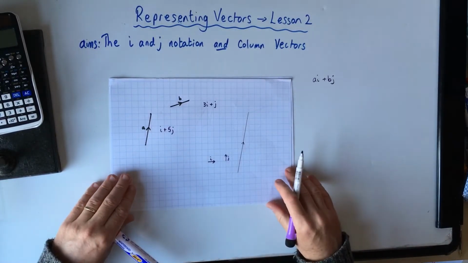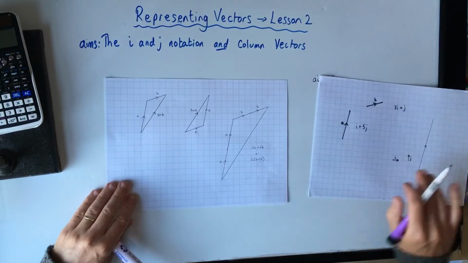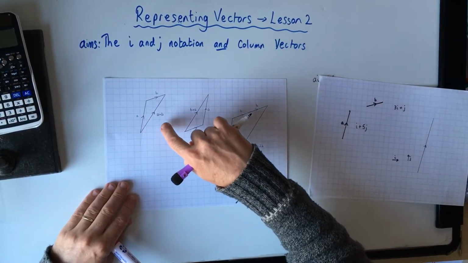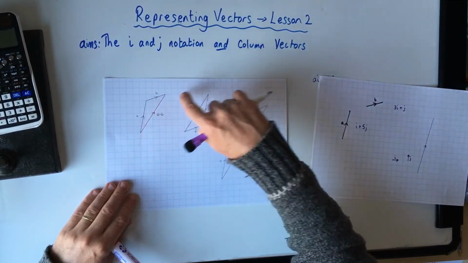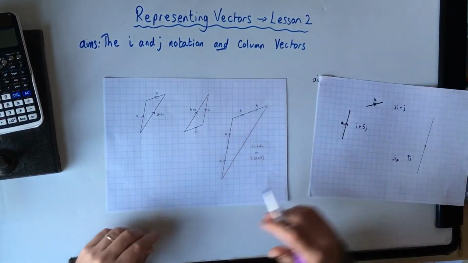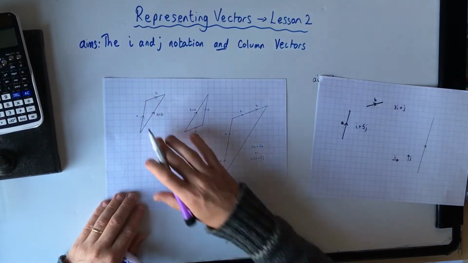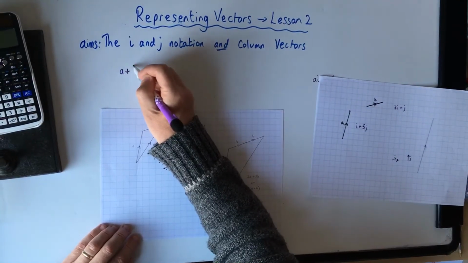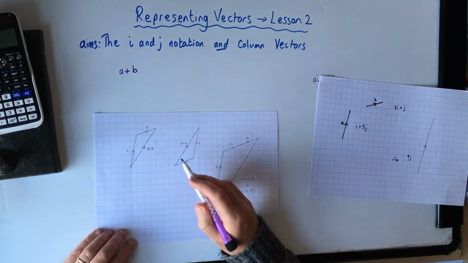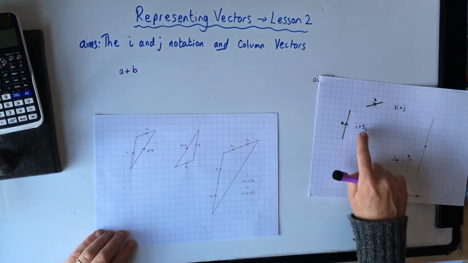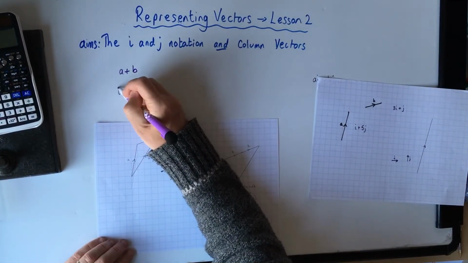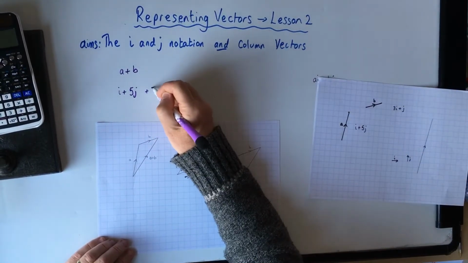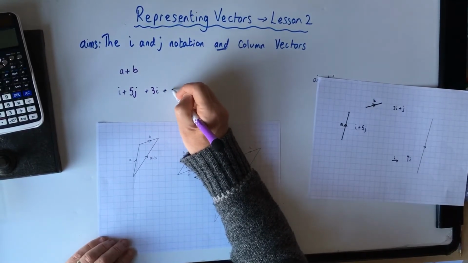And this allows us then to write what we would call a resultant vector. Now the word is important that you understand this. The word resultant means two vectors added together, or some vectors added together. You'll see that word used. So here we've got a plus b, and we can describe that because we know that a is i plus 5j, and what we're adding to that is b, which is 3i plus 1j.